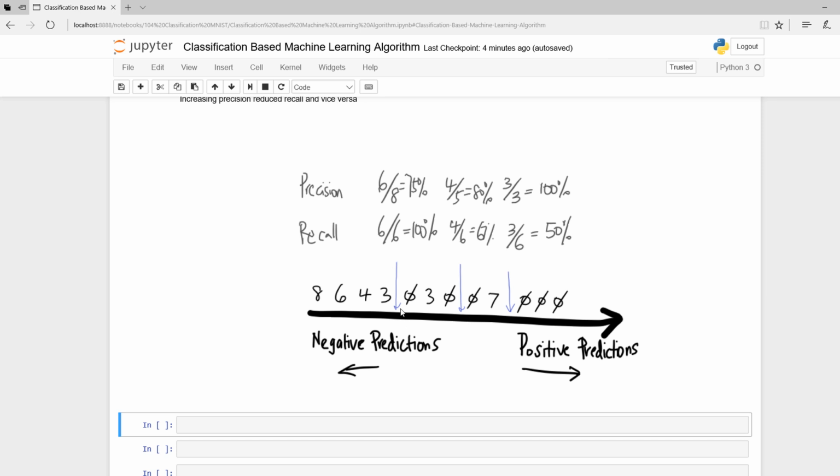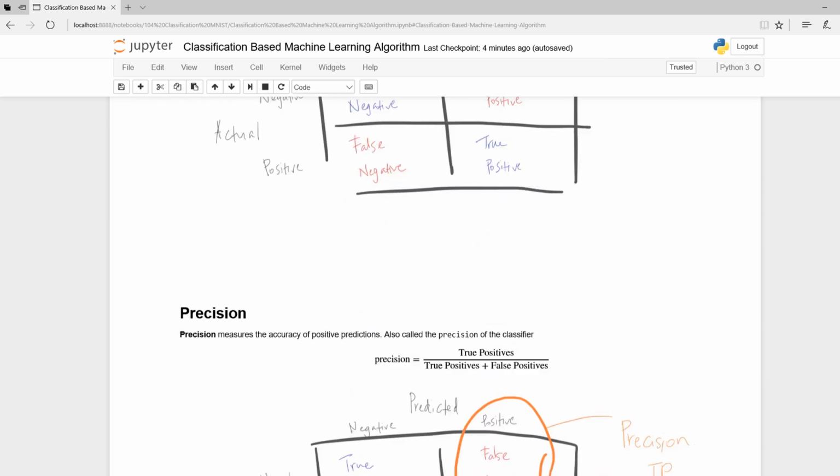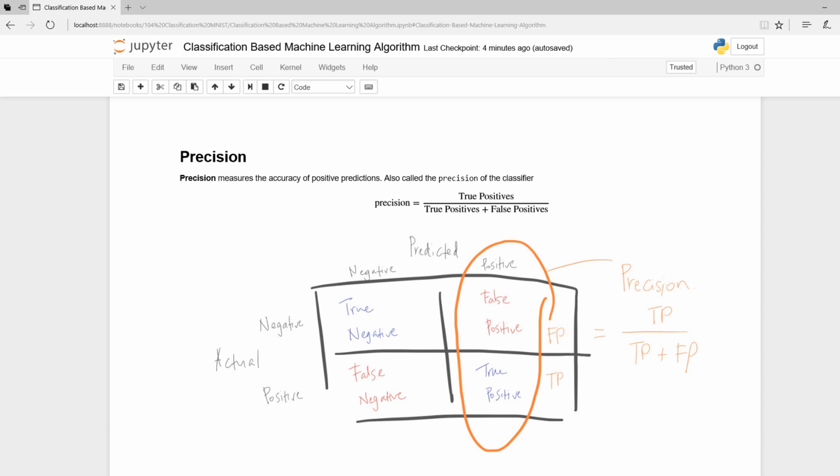How about the other marker, this point here? At this point, your precision is 6 out of 8, which is 75%. And your recall is 6 out of 6. Remember, precision is the accuracy of your positive predictions.